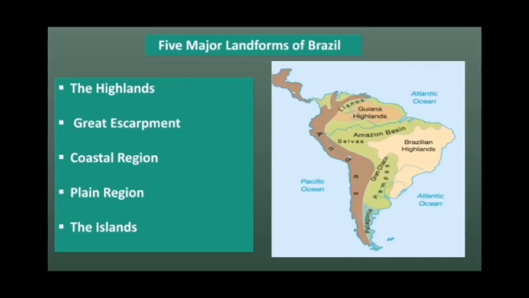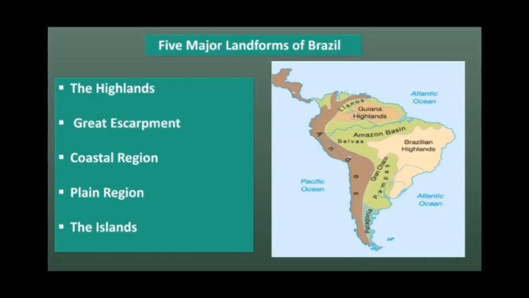The third one is the coastal region of Brazil. They have very beautiful coastal regions, in the north and the eastern side. The fourth one is the plain region of Brazil, which is near the Amazon basin and near the Paraguay river basin.